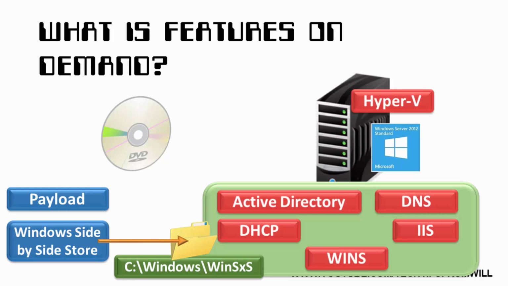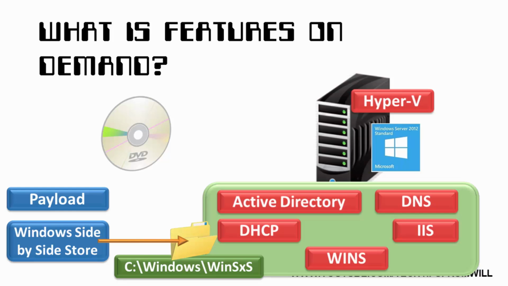With Windows Server 2012 and Windows Server 2012 R2, Features on Demand gives the administrator the option to remove any install files, or payloads if you prefer, from the side-by-side store that you have no use for. In other words, if you have no plans to install a particular role or feature, you are able to remove the payload for that role or feature from the side-by-side store.